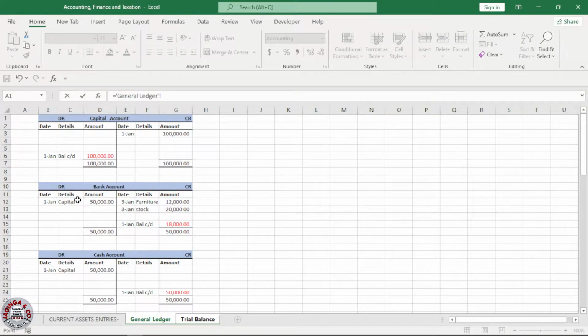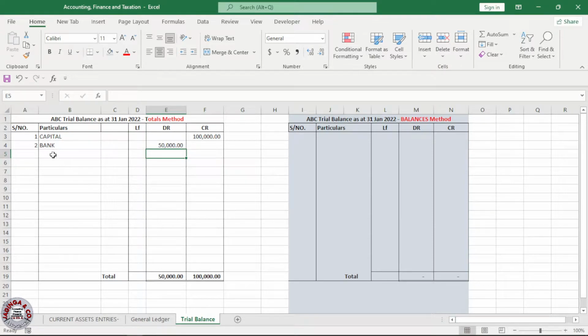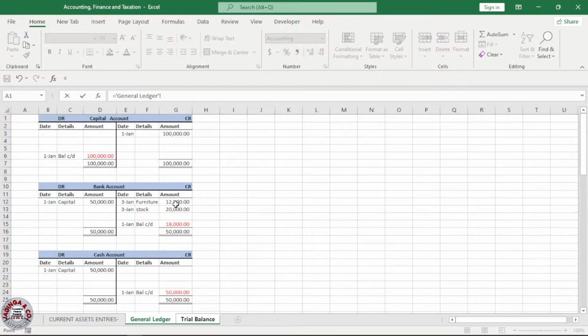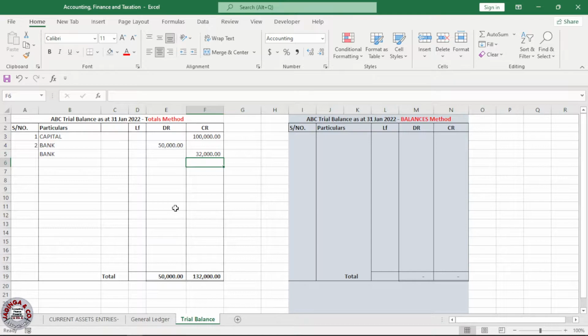So here we'll transfer 50,000 shillings as the debit total, and then for the credit total we'll transfer these two amounts, this amount plus this 20,000. So we'll transfer 32,000 shillings.